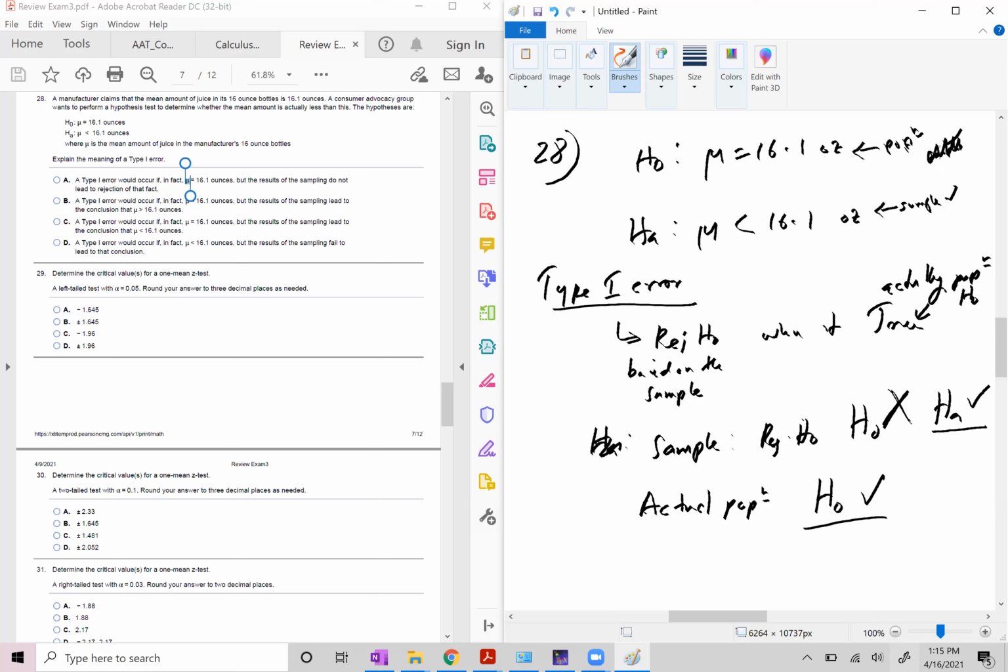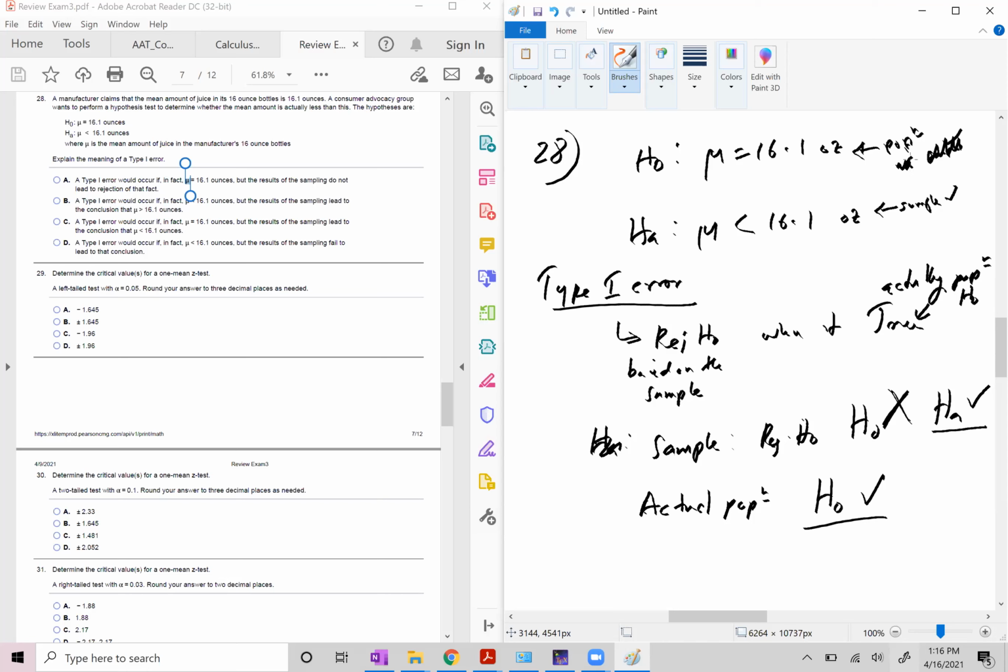Type 1 error happens if the null is correct in the population, but the sample says null is wrong. That means the alternative is correct. So this does not tell that. This says null is correct and the sample is also telling the same thing. Sampling do not lead to rejection of that fact means we are telling the same thing in the sample.